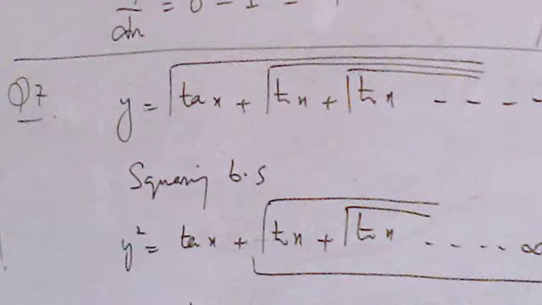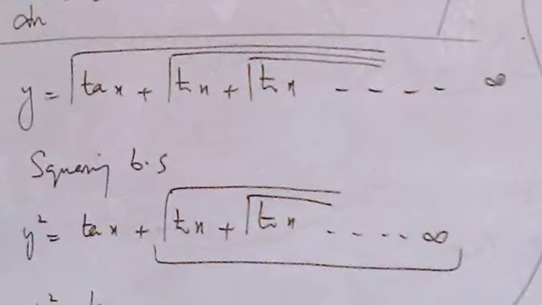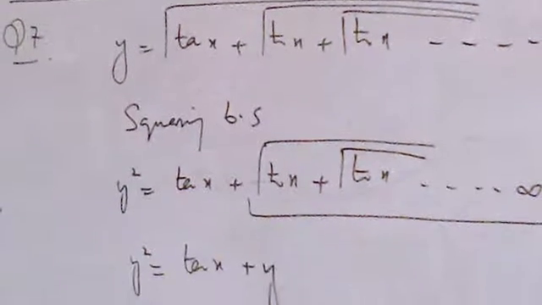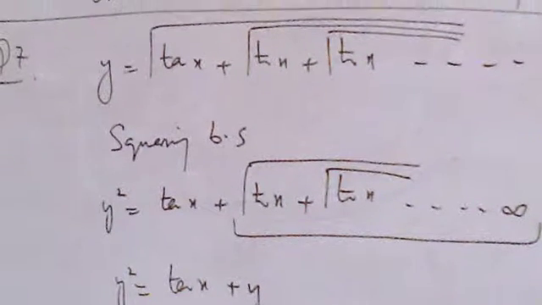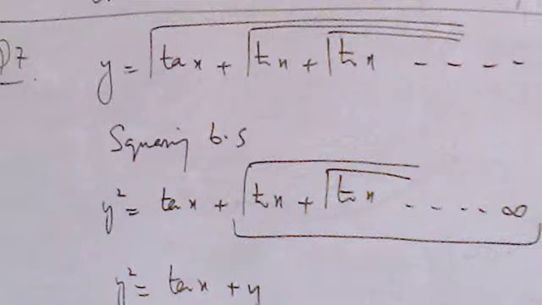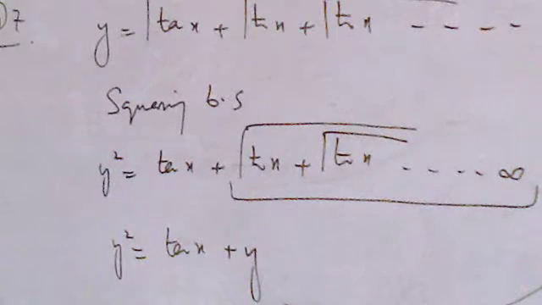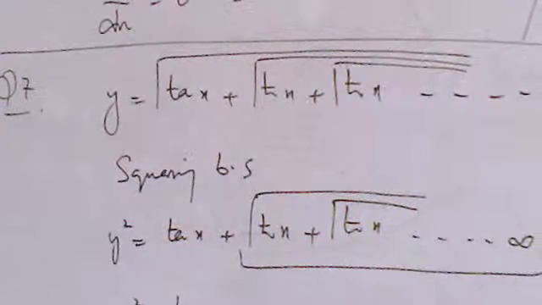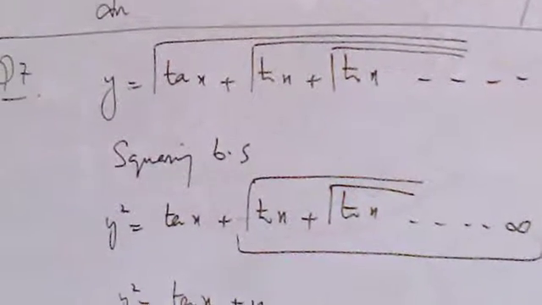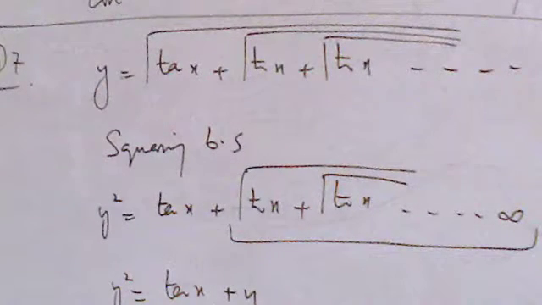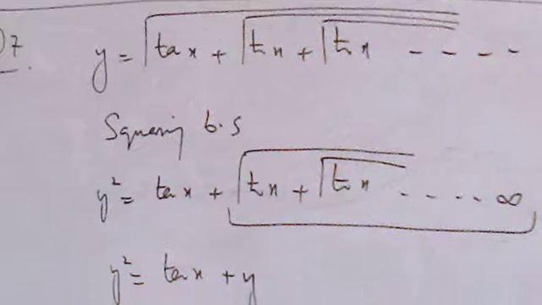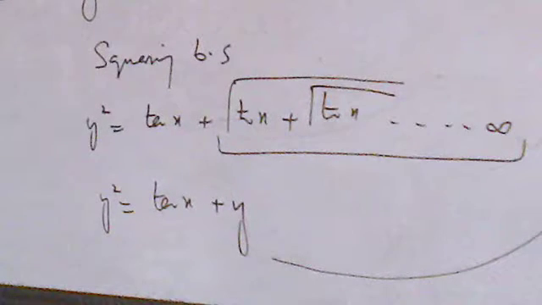Here we have y equal to square root of tan x plus square root of tan x plus square root of tan x up to infinity. Squaring both sides, one of the square roots is squared and removed, and actually the total number of tan terms is still infinity. If we remove one tan, the remaining value is also equal to y.